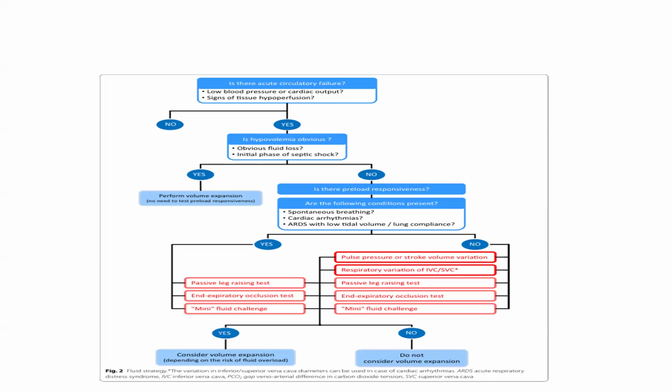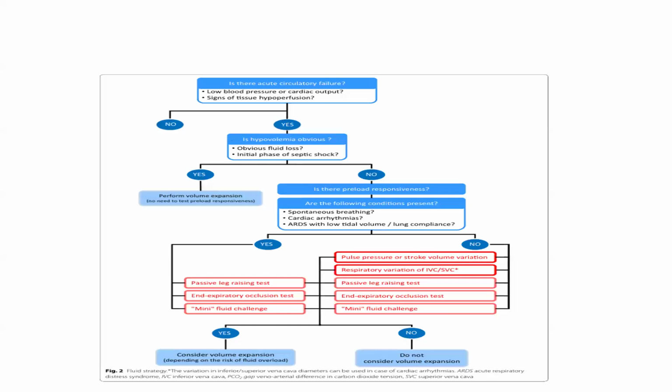Are the following conditions present? Is the patient spontaneously breathing or not, in arrhythmia or not, or ARDS with low tidal volume or low lung compliance or not? If the answer is yes, then we need to perform the passive leg raising test, the end expiratory occlusion test, or the mini fluid challenge.